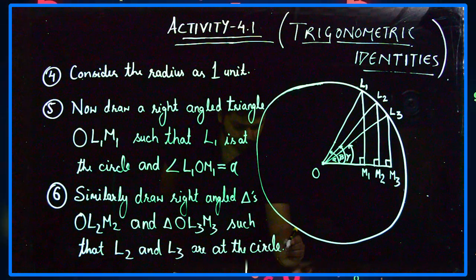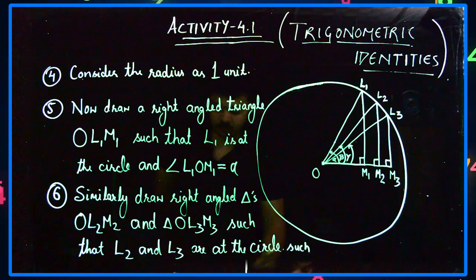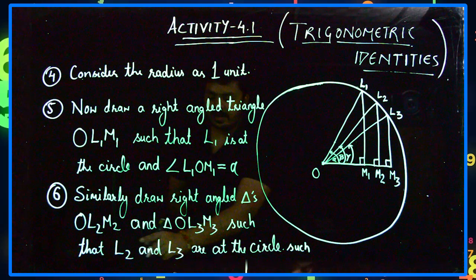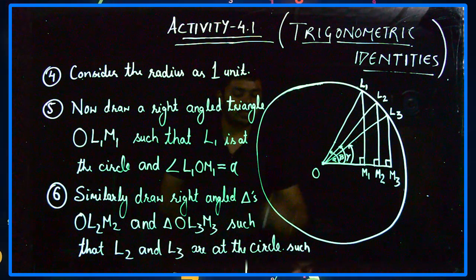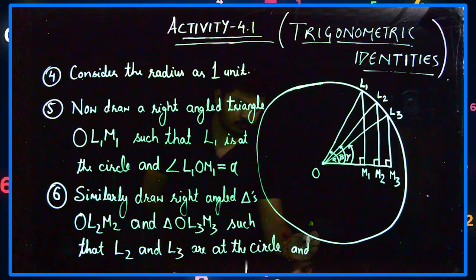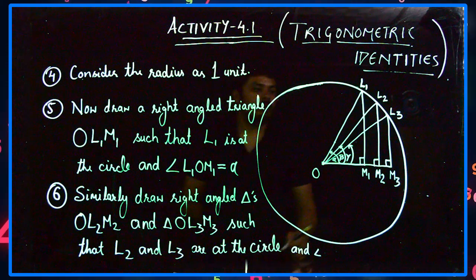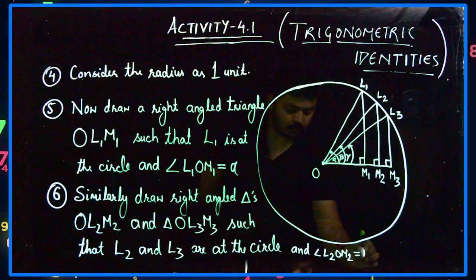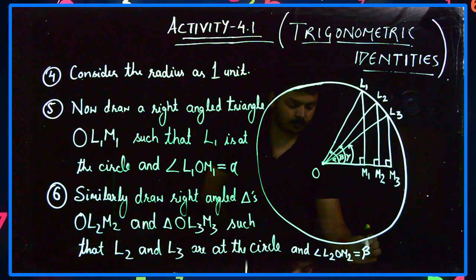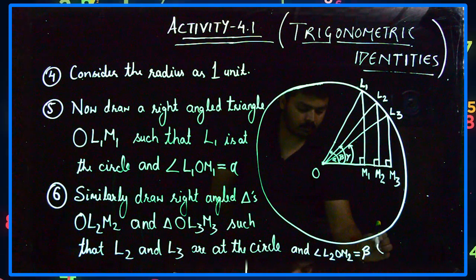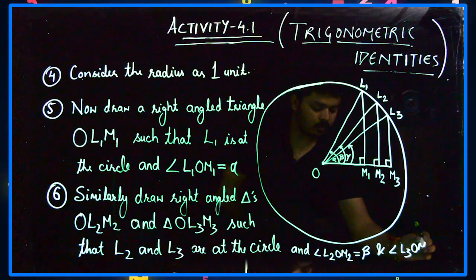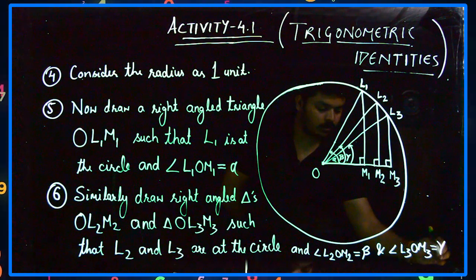So, we have drawn right angle triangles O L2 M2 and O L3 M3 such that L2 and L3 are at the circle, and angle L2 O M2 is equal to beta and angle L3 O M3 is equal to gamma.